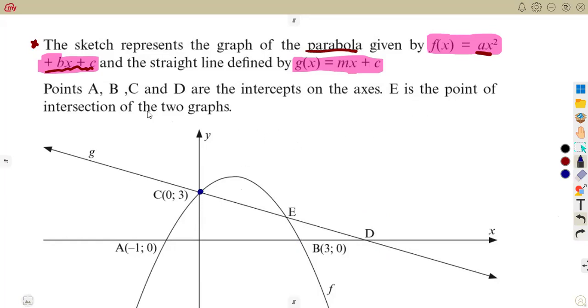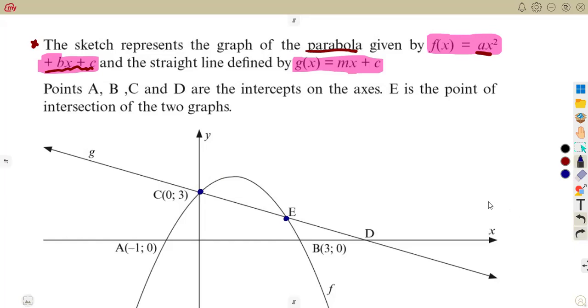E is the point of intersection of the two graphs. So we have the point C being a point of intersection, and also E. These are points of intersection. Only that C is also the y-intercept for both functions as well.